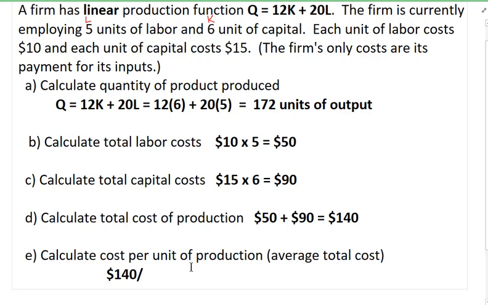So divide this by 172. 81, that's a little bit rounded, I think. Let me try it over here on Excel. You can't see this, but I'm trying it on Excel. Yeah. So it's around 81.4 cents per unit of output.